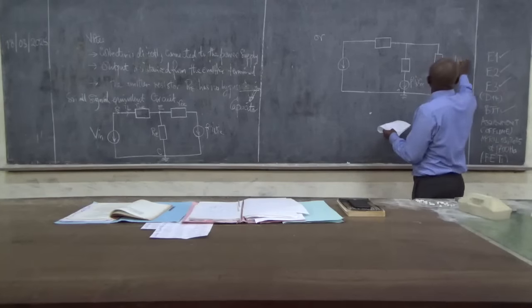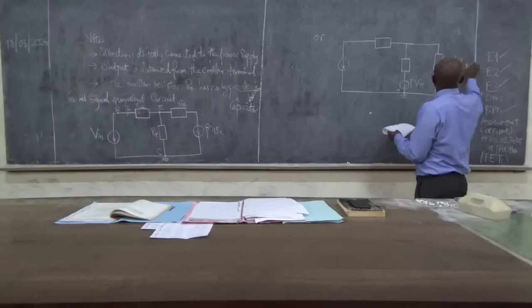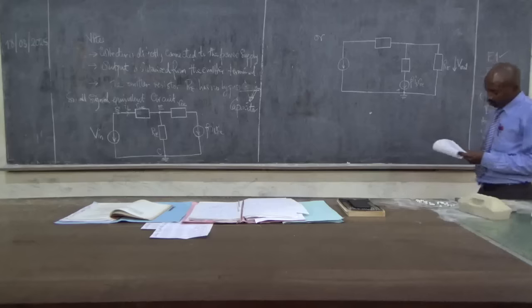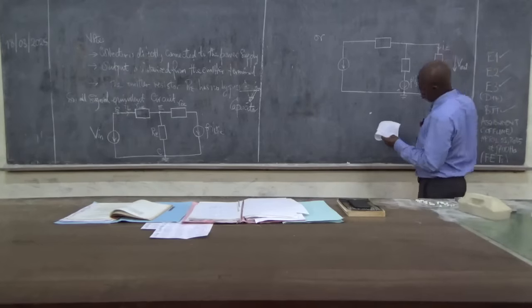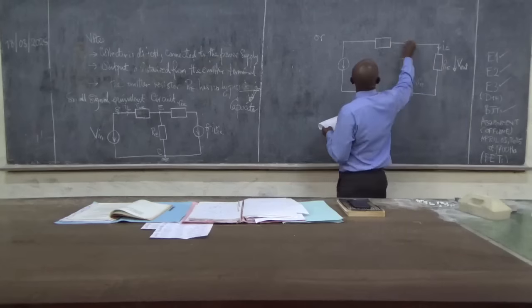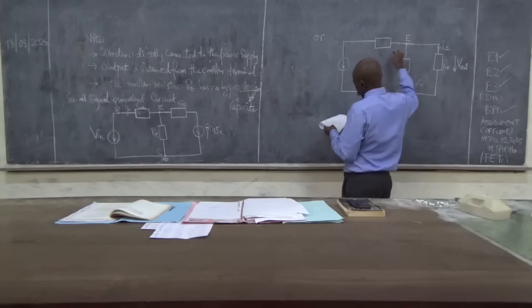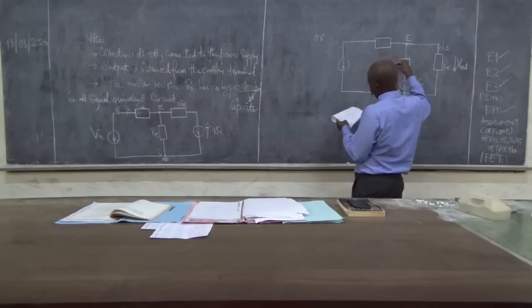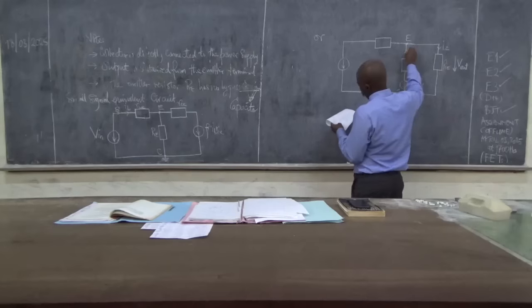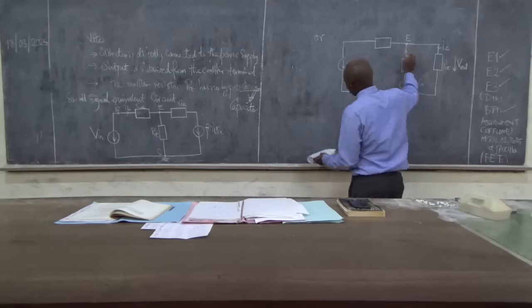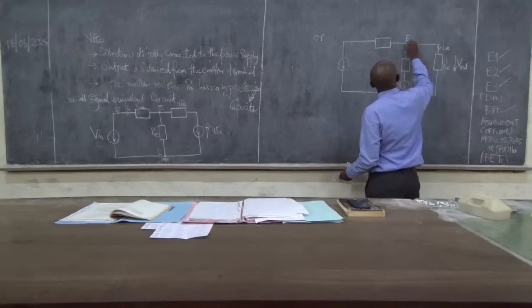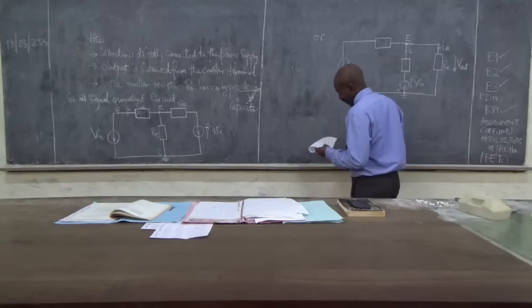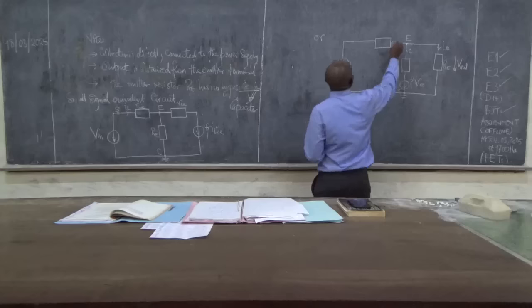This will give us the V out. This is the capacitor. This is IE. This is IC. This is IB.